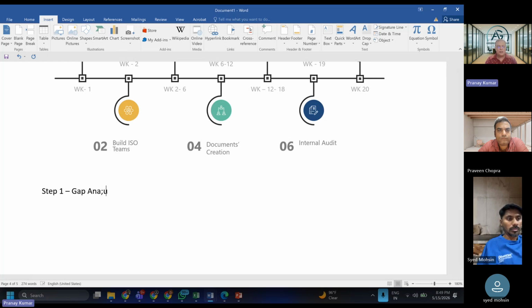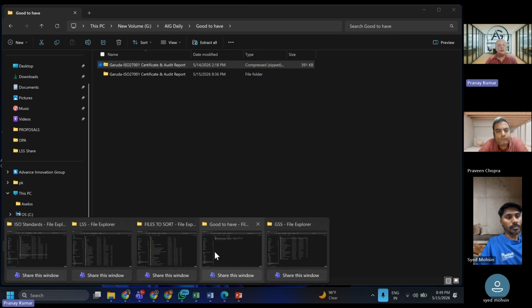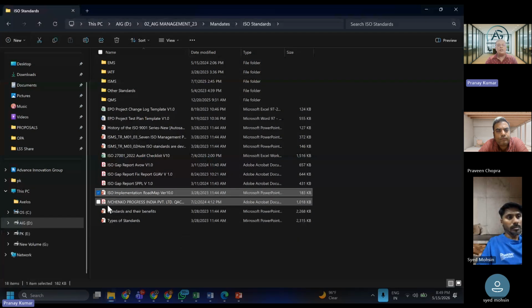Please understand that all ISO standards will have their typical demands, correct? So you need to have a list of what ISO 27001 demands.